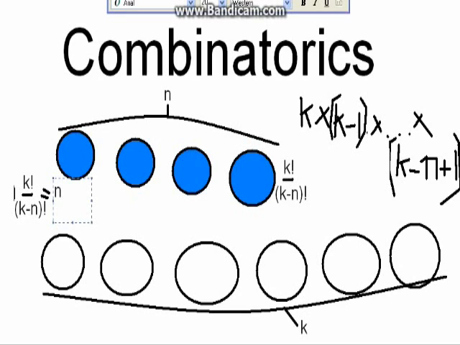It becomes n factorial divided by n minus n factorial. But what is n minus n factorial? Well, n minus n factorial is just 0 factorial. Now, I know what you're thinking. 0 factorial.